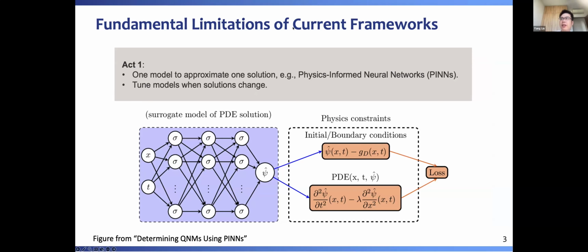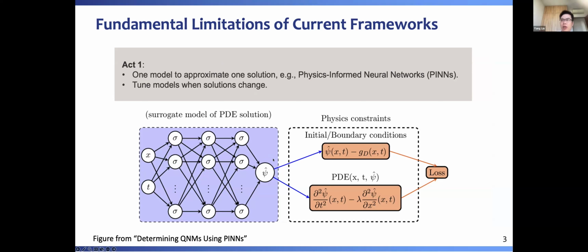Okay. So firstly, a very popular paradigm is the physics-informed neural networks. In this framework, we are using one model to approximate one PDE solution usually. So here I'm giving an illustration.